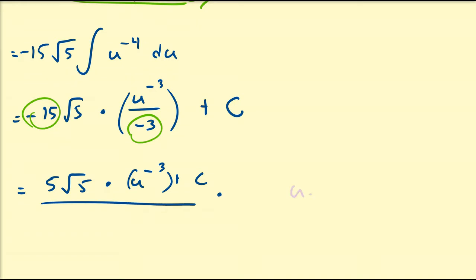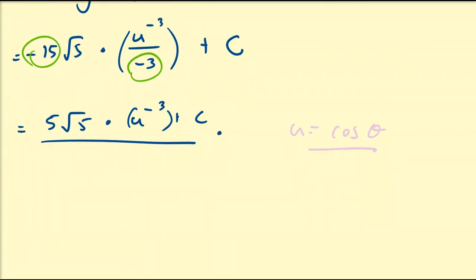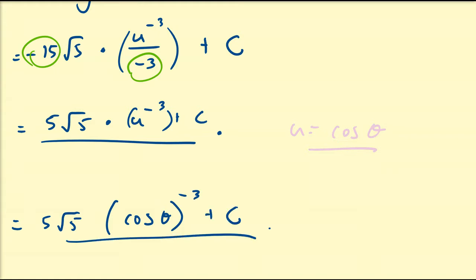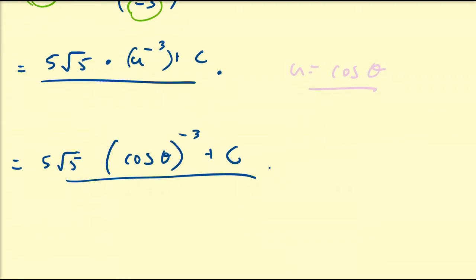Alright, remember what u was set to be equal to? u was set to be equal to cosine of theta. So we can just replace that to get a function of theta. So this is going to be equal to 5 square root of 5 times cosine of theta all raised to the minus 3 plus c. Now we need to go back in terms of x from theta. And this is where the trig substitution has its little, to some people, uncomfortability.